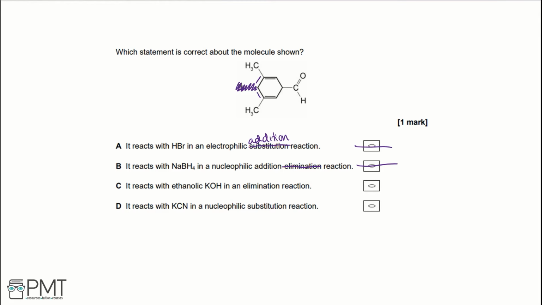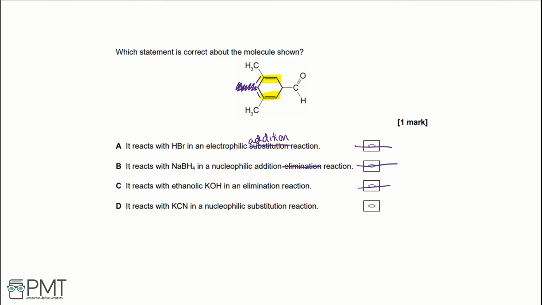But because we have these two double bonds, we can't physically add another double bond due to our methyl groups, because that would mean that carbon has 5 bonds, and carbon can't have 5 bonds, it has to have 4. So therefore, there aren't stable products if we used ethanolic potassium hydroxide in an elimination reaction for this molecule. So our answer can't be C, which just leaves us with D.